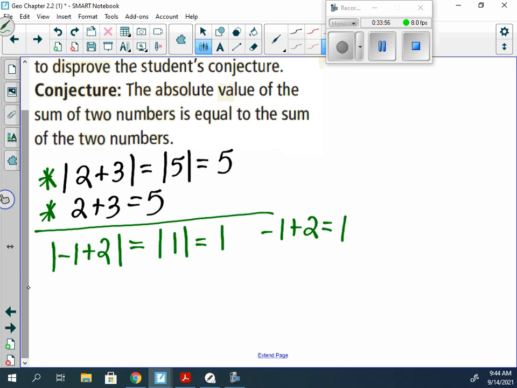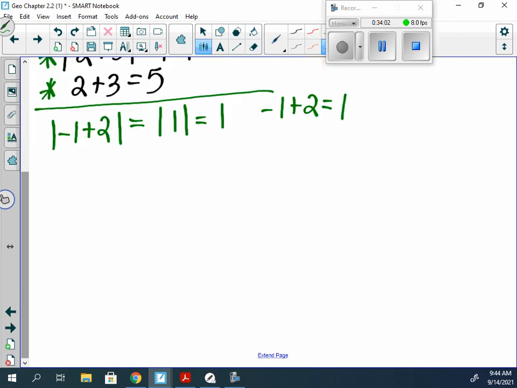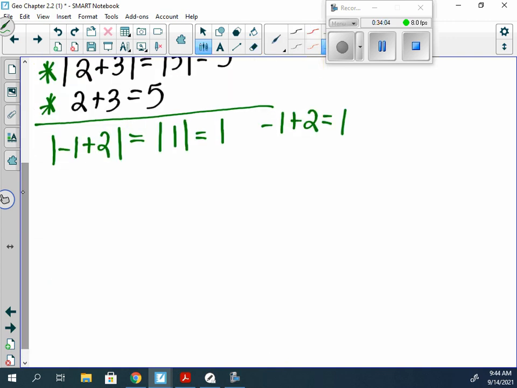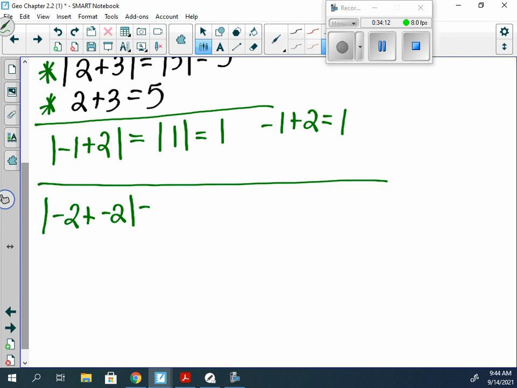You're on the right track, but maybe we need to do it a little bit differently. So what else could we try? Negative 2 plus negative 2 is negative 4.